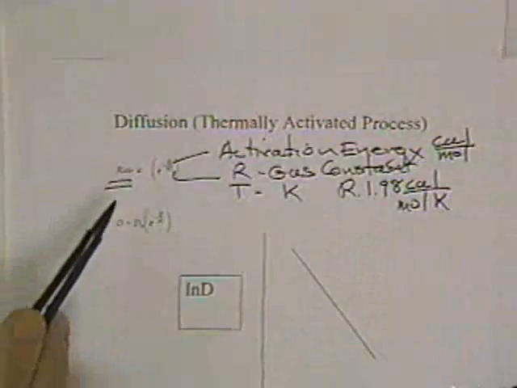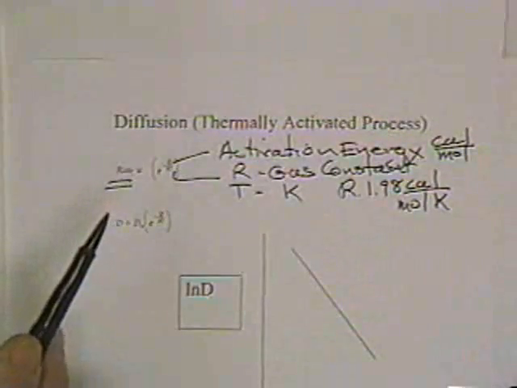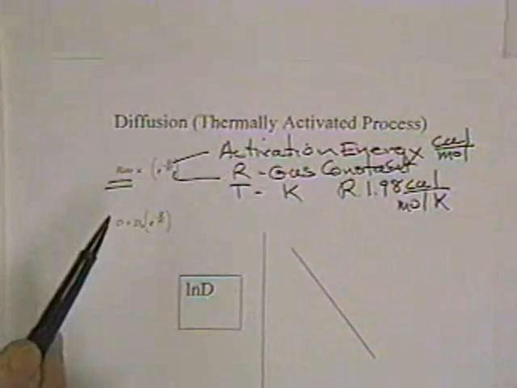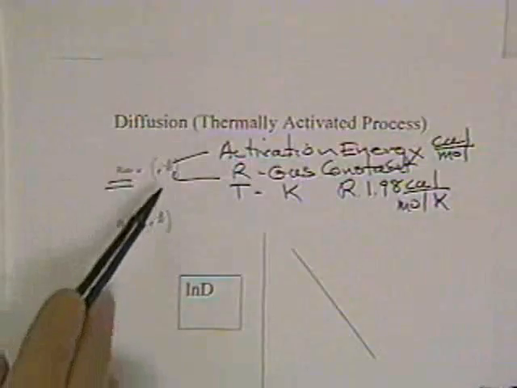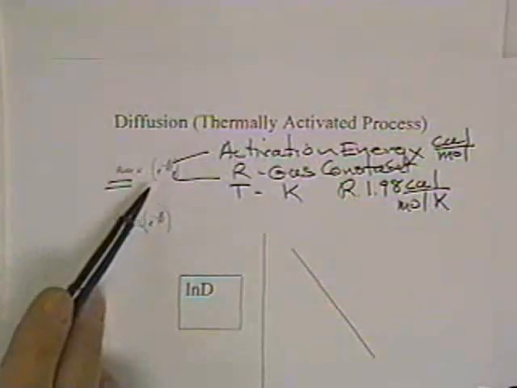But the important thing is that if somebody tells you it's a thermally activated process, you can write the equation down in terms of the rate immediately. The rate is proportional to e to the minus activation energy over RT.